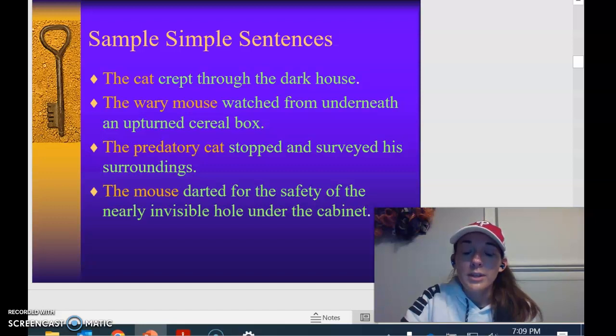The predatory cat stopped and surveyed his surroundings. The mouse darted for the safety of the nearly invisible hole under the cabinet. So these are examples of simple sentences. It has a singular subject and a singular action that go together in a complete independent clause.